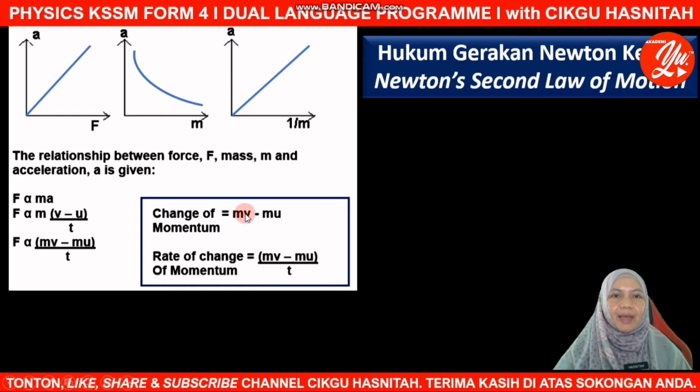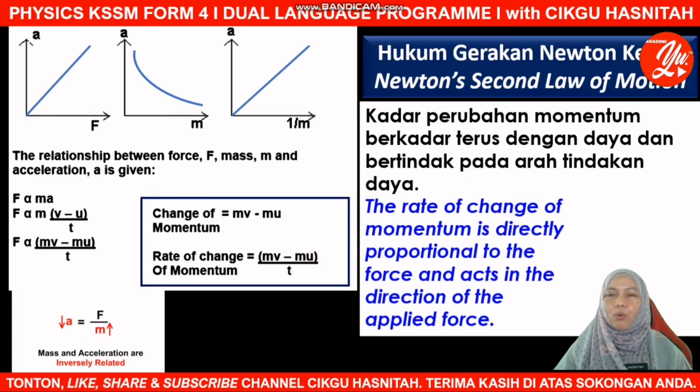So this mv minus mu is the change of momentum, where when we divide by the time, it will give you the rate of change of momentum. And this will lead us to Newton's second law of motion.